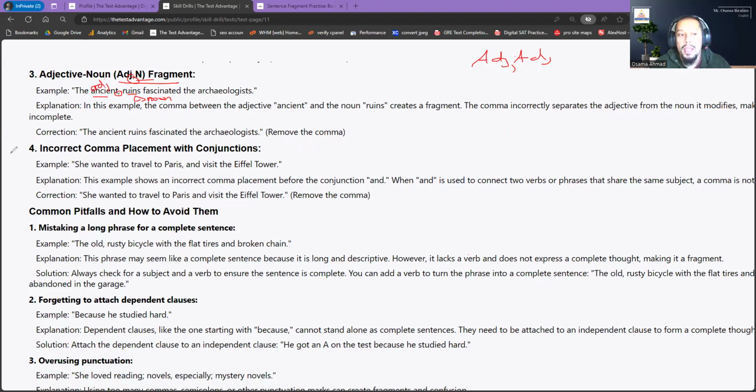Okay? Incorrect comma placement with conjunctions. Okay. Look at this. She wanted to travel to Paris, comma, and visit the Eiffel Tower. Leanne, this is incorrect. انتي فاكرة ليه اخدناها في parallelism؟ فاكرة ليه ده غلط؟ Just 1 second.